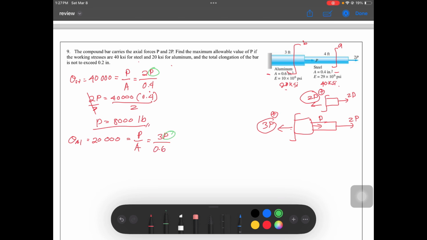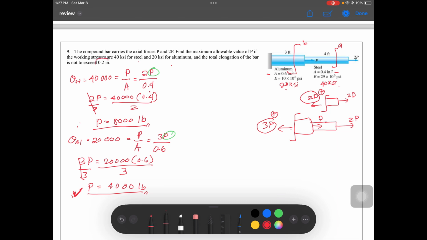So, isolate natin si P. So, 20,000 times 0.6 all over 3. Kasi may 3 doon na. Okay, so, we get a P value of 4,000 pounds. So, kukumpara mo yung dalawa, mas maliit na to. So, ito yung candidate for governing load P.